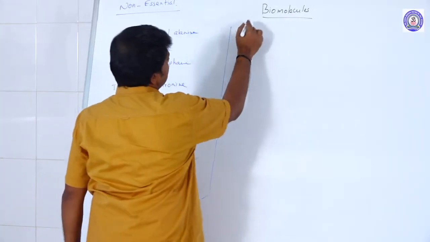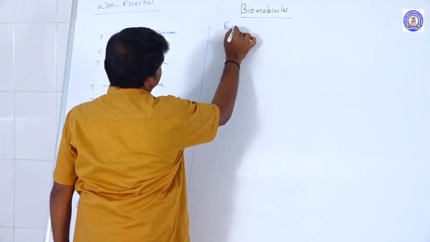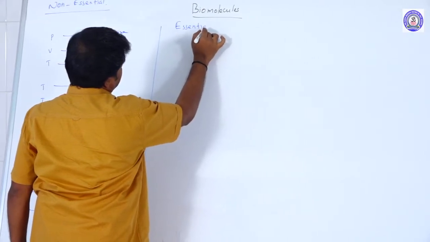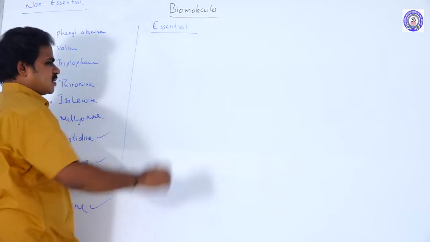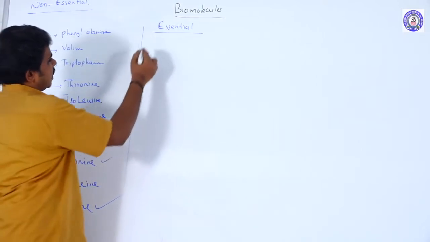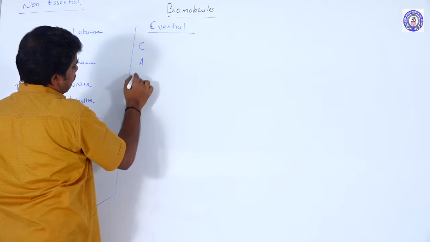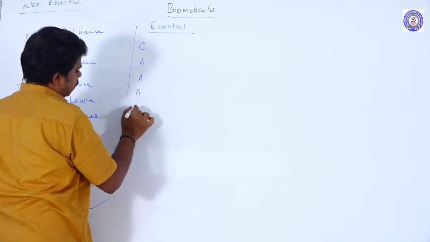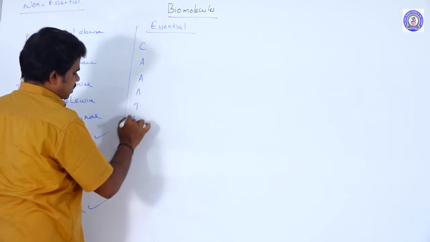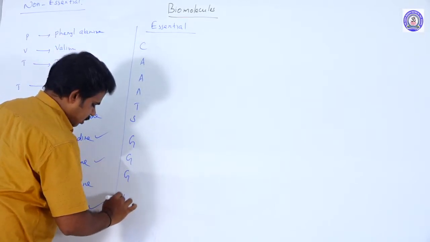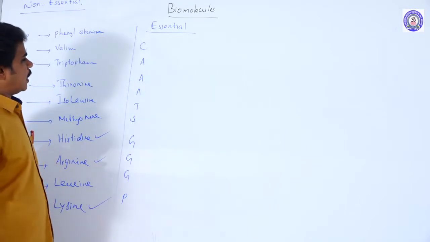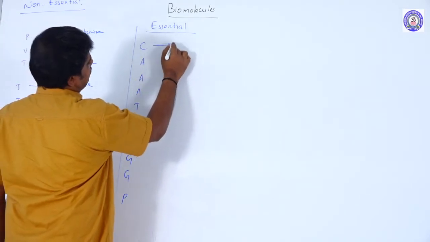Now essential amino acids. Then it is CATS triple GP. It is C, A, T, S, G, P. Now it is cysteine.